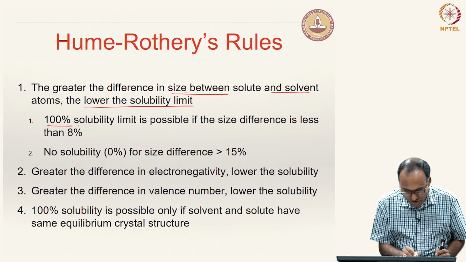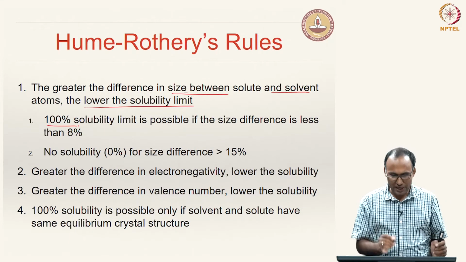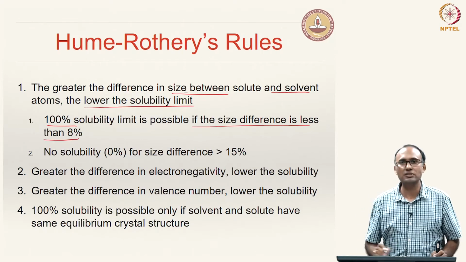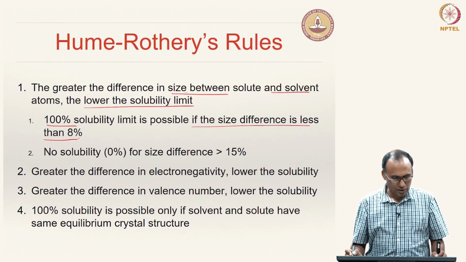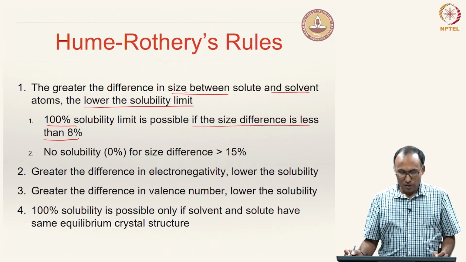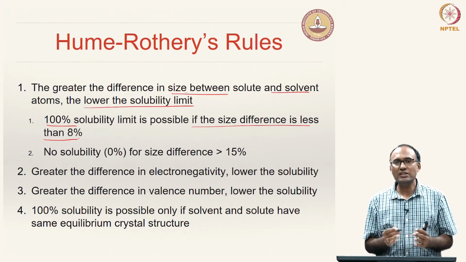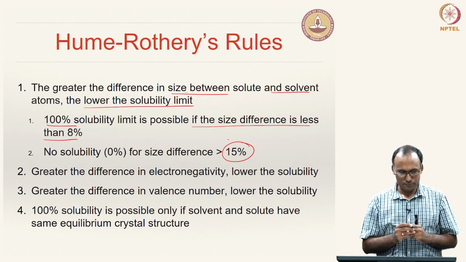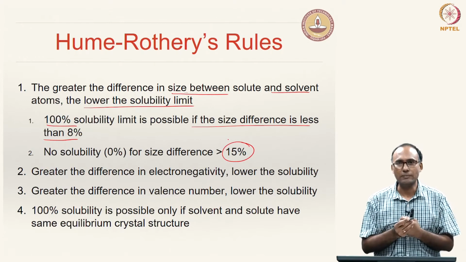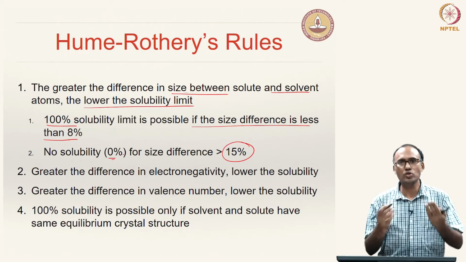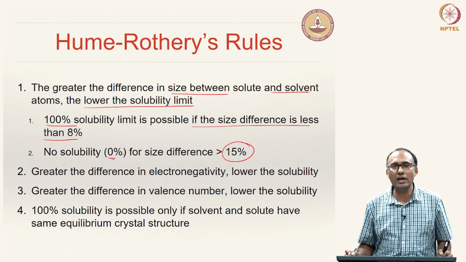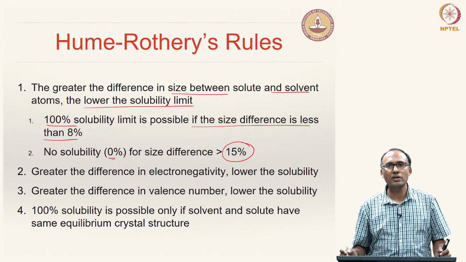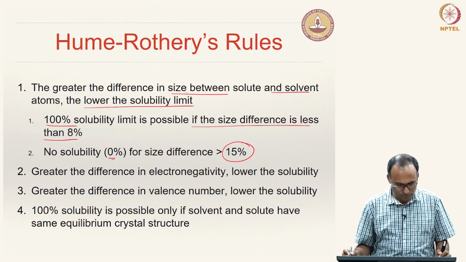So, 100% solubility of A in B and B in A is possible if the size difference is less than 8%. And if the size difference between atom A and atom B is greater than 15%, there is almost no solubility. We said 0%, but it is almost no solubility, it will not dissolve. Suppose the difference between A and B is greater than 15%, then the materials do not get dissolved.